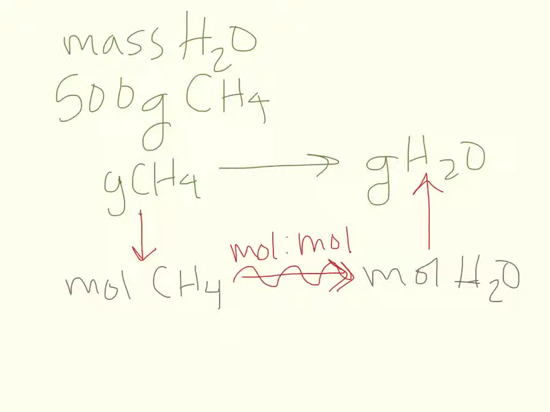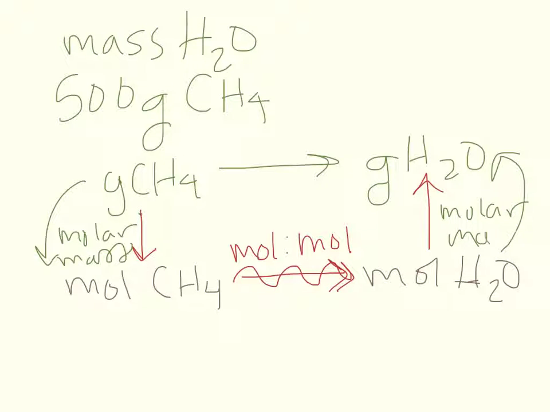To move from grams to moles, I need to use the molar mass. And again, from moles to grams, I need to use my molar mass. And then moles to moles, I use my mole-to-mole ratio.